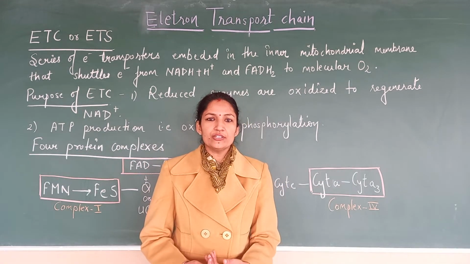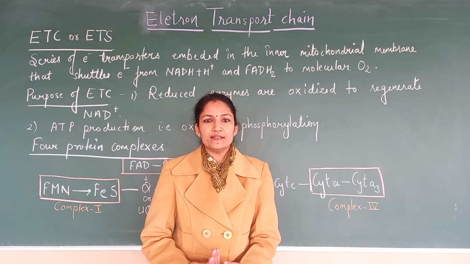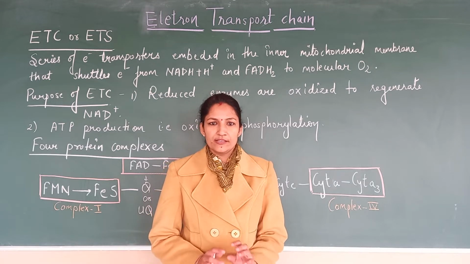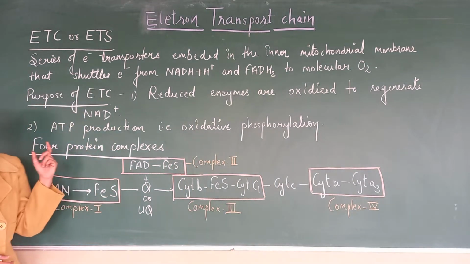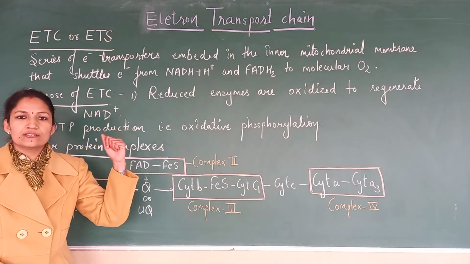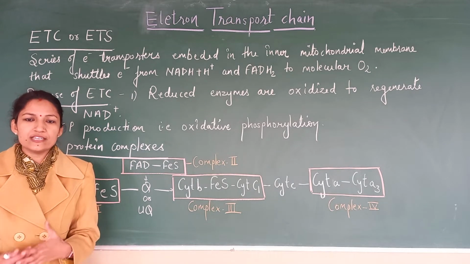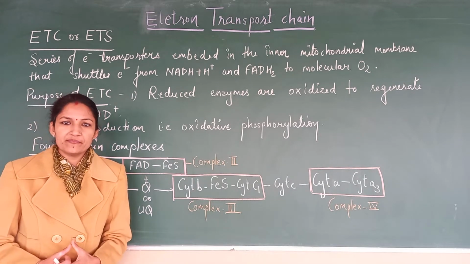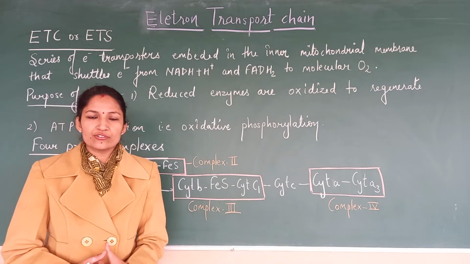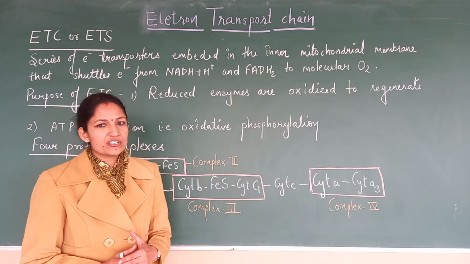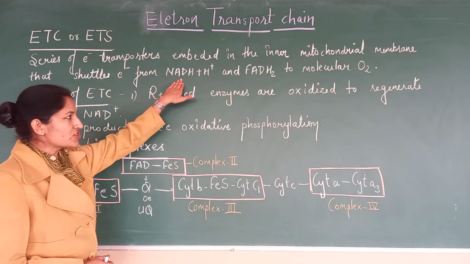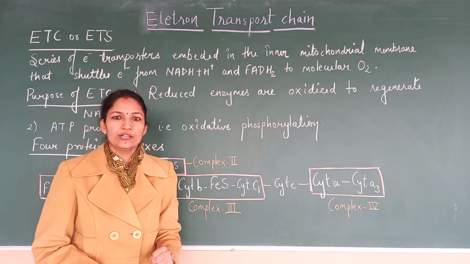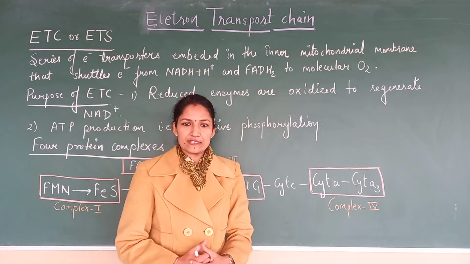That which we have taken during breathing, which is present in the mitochondrial matrix. Fine. So this is the chain of transporters, the series of transporters which are embedded in the inner mitochondrial membrane, which is going to shuttle, or we can say transfer, the electrons from NADH and FADH to molecular oxygen.